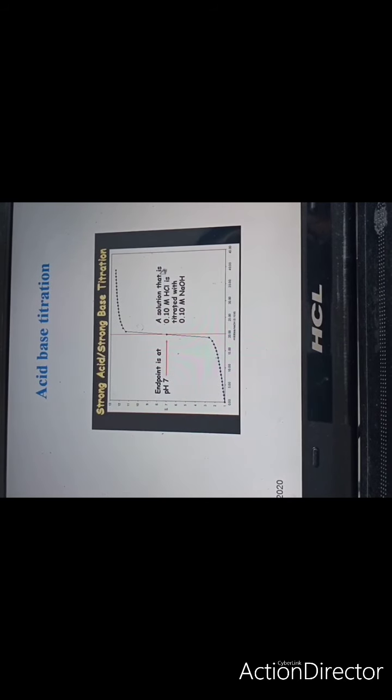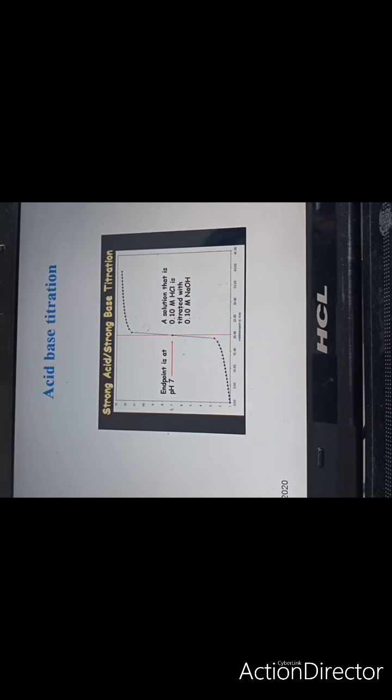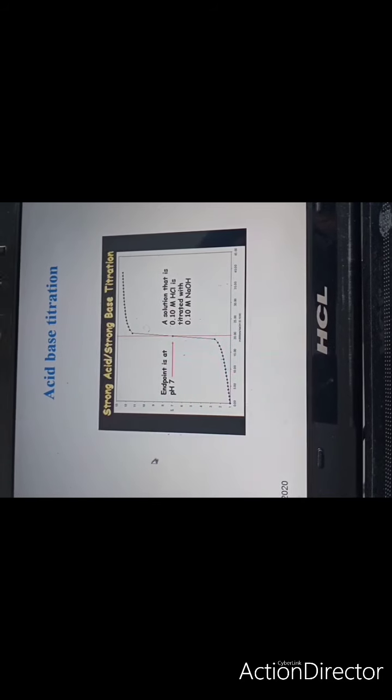When we were titrating a solution, HCl we were taking in the conical flask and NaOH in the burette. So HCl is there in the conical flask, so the pH is less than 7. In that case, if you add phenolphthalein, it will be colorless. When you are titrating it with NaOH, there will be an increase in the pH.